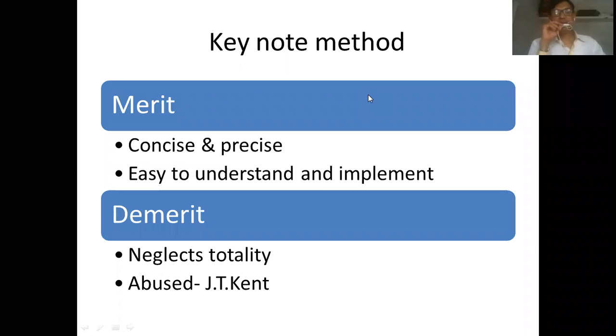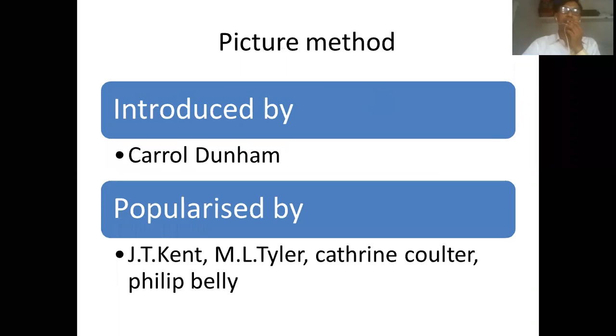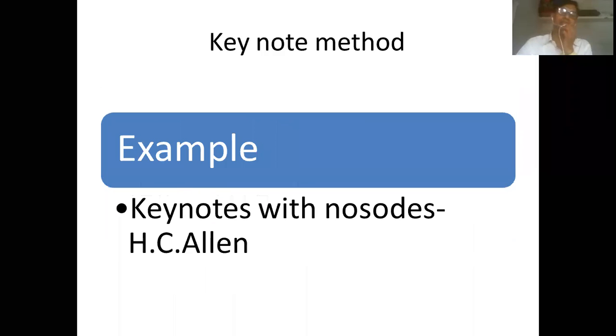Because of this, stalwarts like James Tyler Kent have said that the keynote method of study of materia medica has been abused. An example of this keynote method, the most common, is Keynotes and Characteristics with Comparisons by Allen.